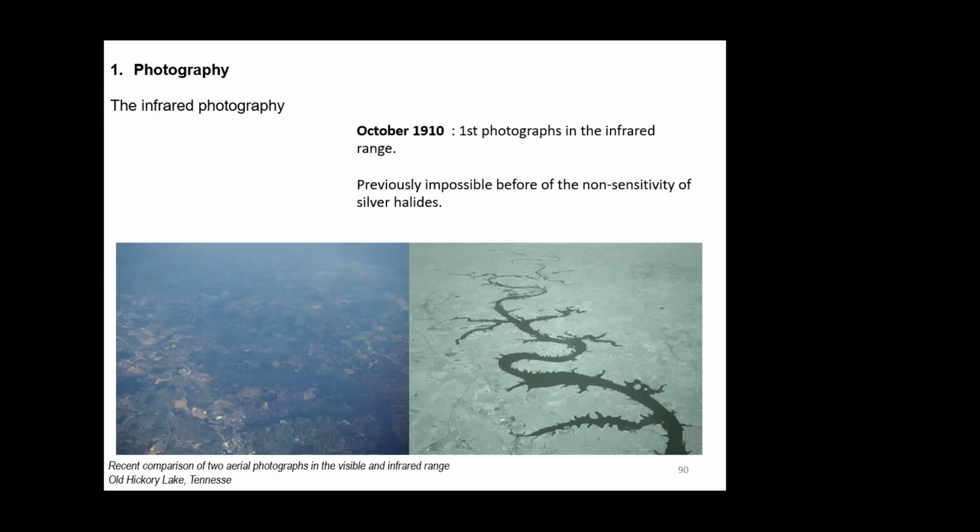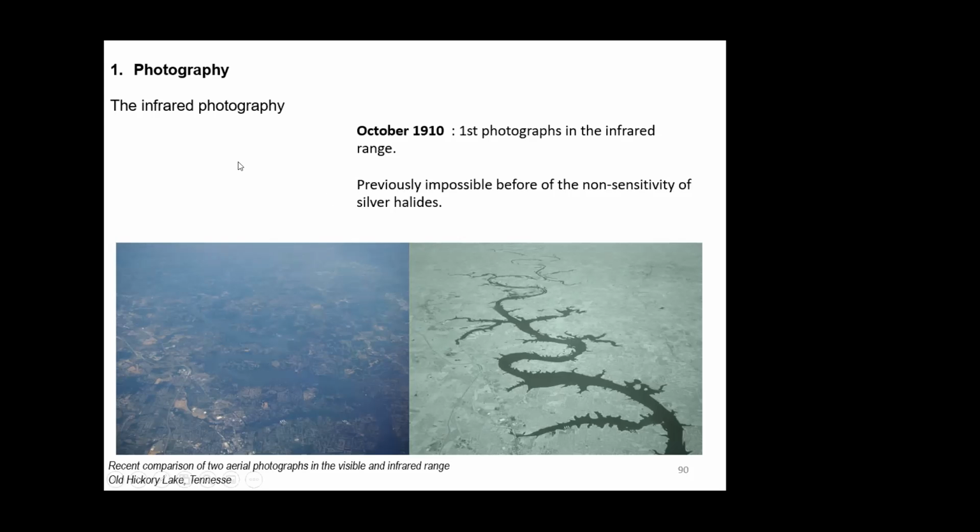You can see here a recent comparison taken from a plane of the visible and the infrared range for an area named Old Hickory Lake. Hickory is the name of a tree in America. It's what we call the white walnut in French, but it's not exactly the same walnut that we have in France or in Europe.